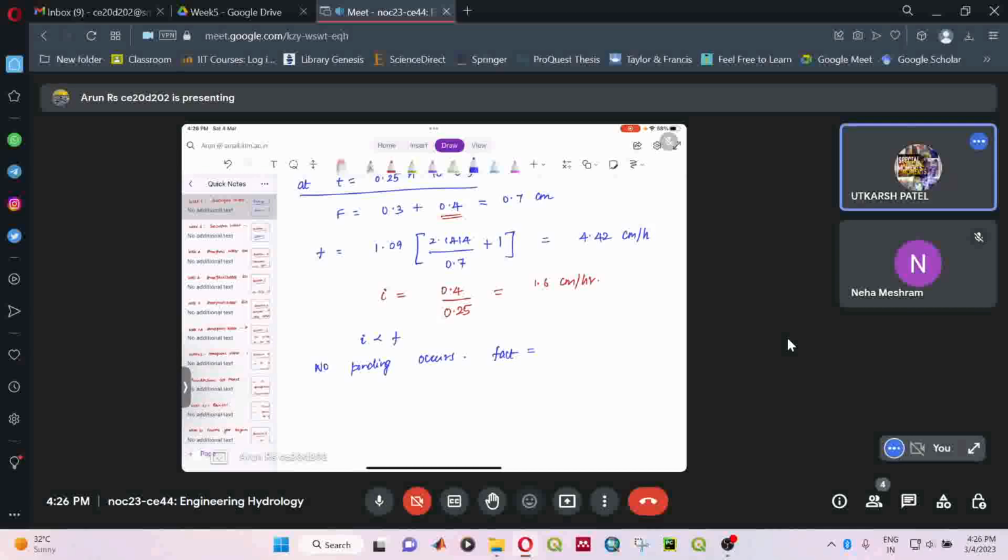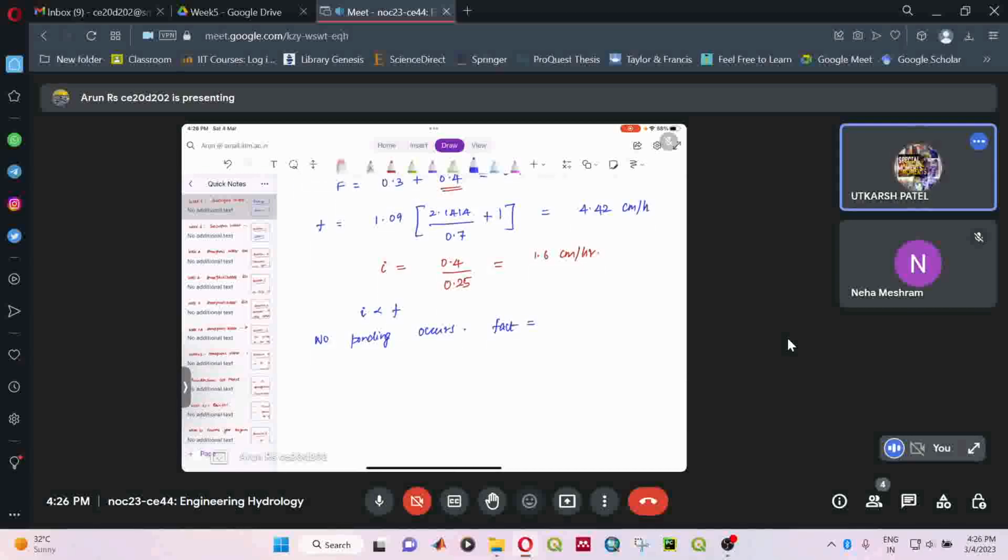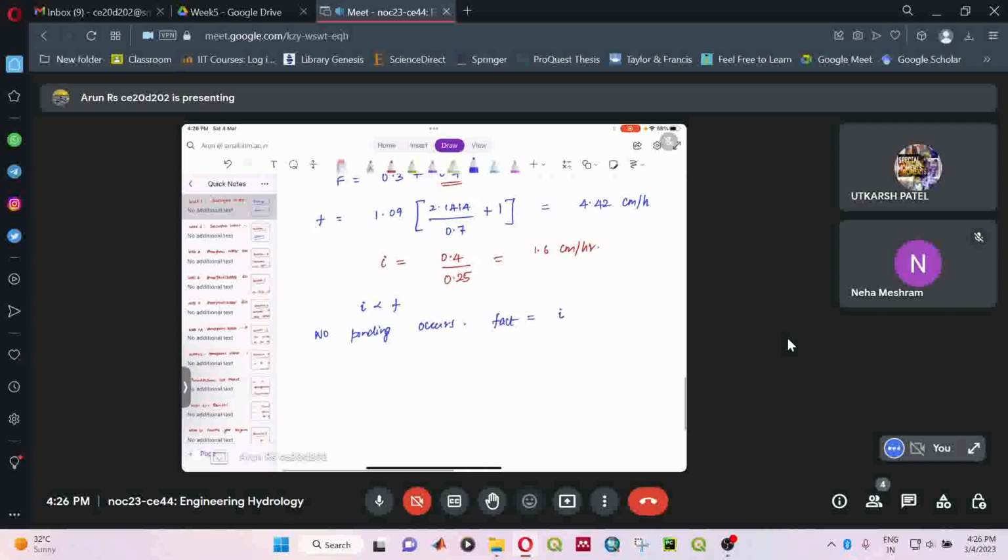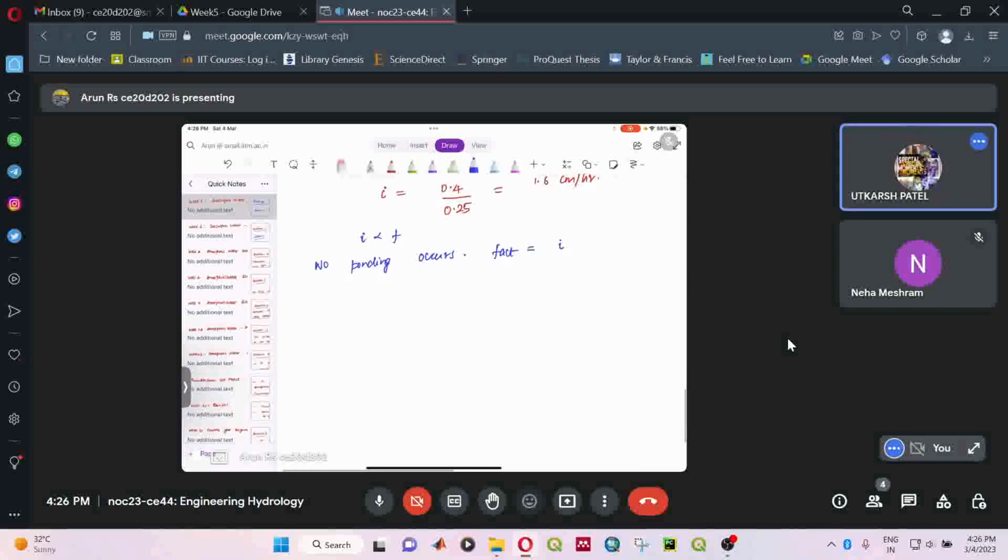Got it. Cumulative infiltration is added up, but for rainfall intensity in that particular time interval, we are just finding out the rainfall intensity. So here also your actual f will be equal to your rainfall intensity. Then we'll move on to the next time step.